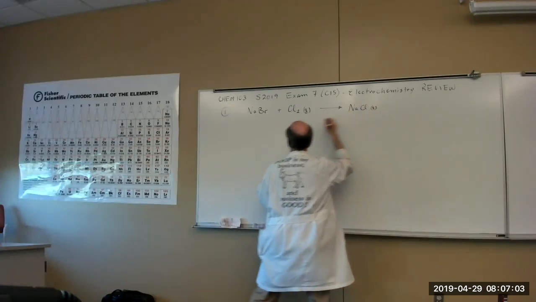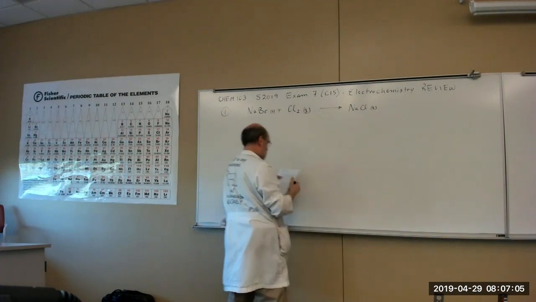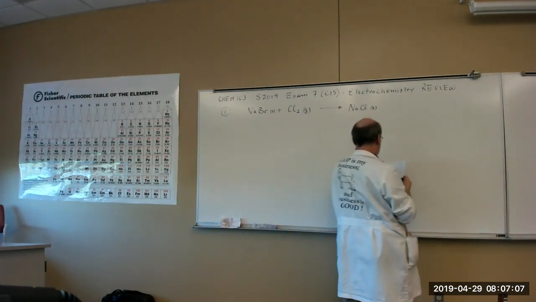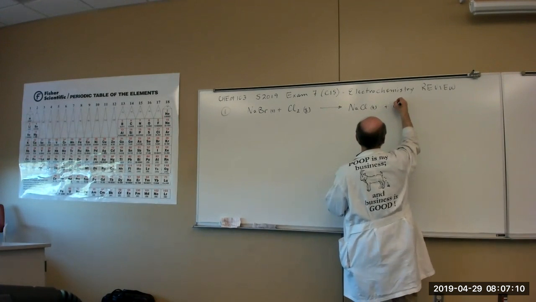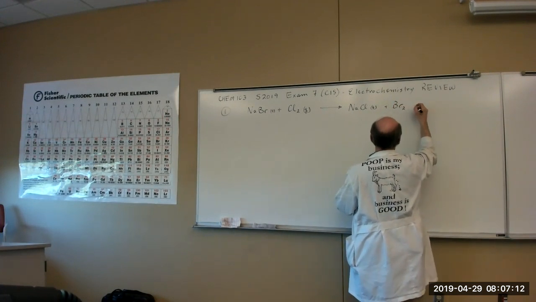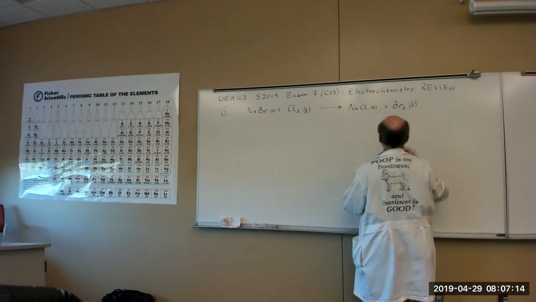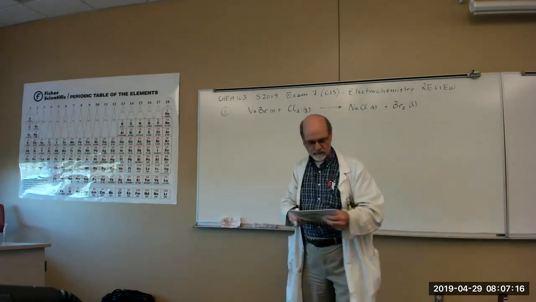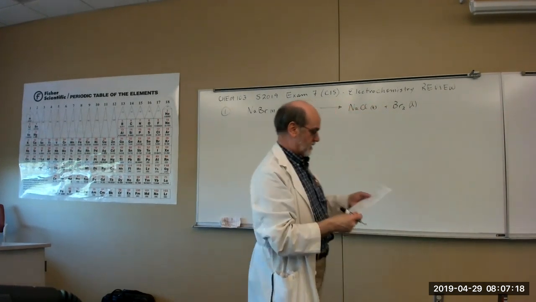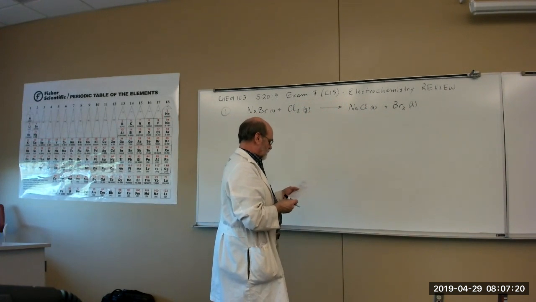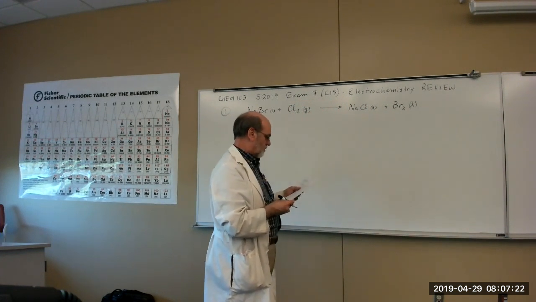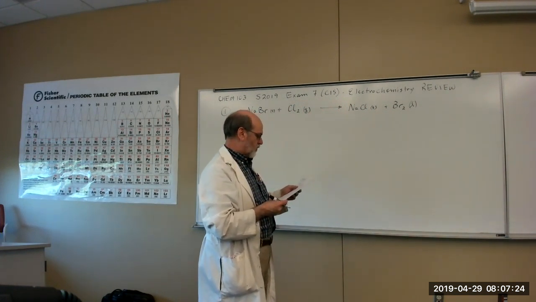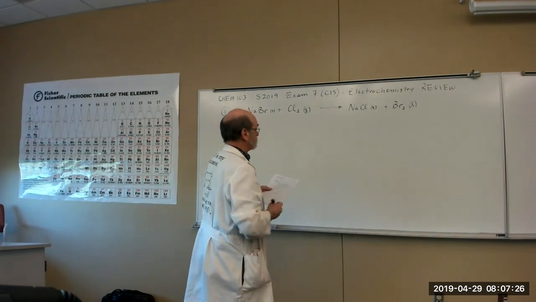It's got to be a solid, and this has to be a solid too. And bromine. Bromine is also diatomic, but bromine's a liquid. That's not important for the question, I'll just put that up there. So, the question is, what are the appropriate half reactions for this one?